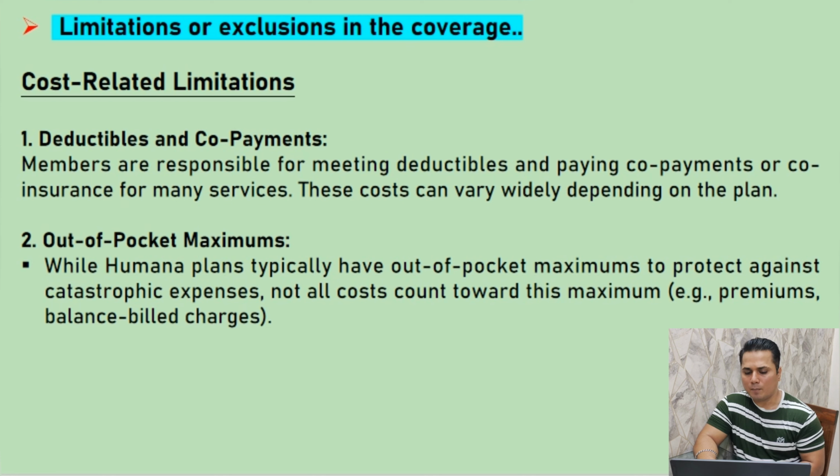Number two, out of pocket maximums. While Humana plans typically have out of pocket maximums to protect against catastrophic expenses, not all costs count toward these maximums. For example, premiums and balance billing charges.